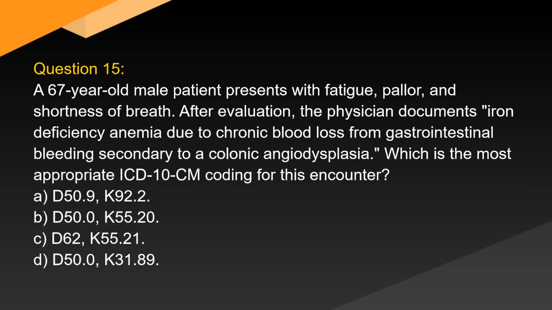Question 15. A 67-year-old male patient presents with fatigue, pallor, and shortness of breath. After evaluation, the physician documents iron deficiency anemia due to chronic blood loss from gastrointestinal bleeding secondary to a colonic angiodysplasia. Which is the most appropriate ICD-10-CM coding for this encounter?